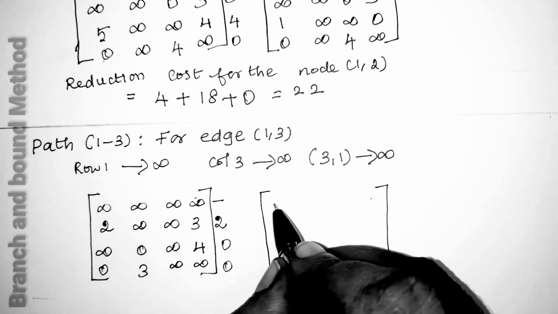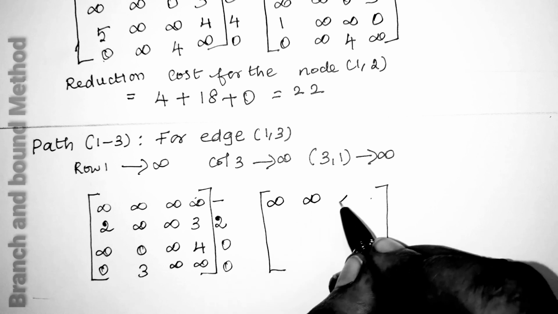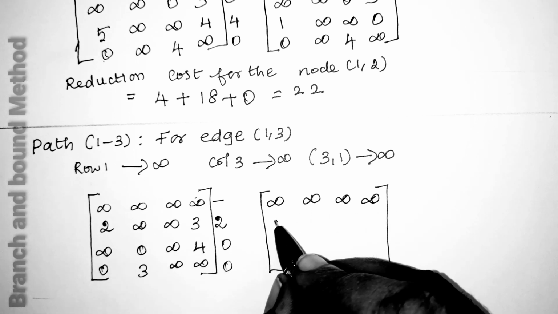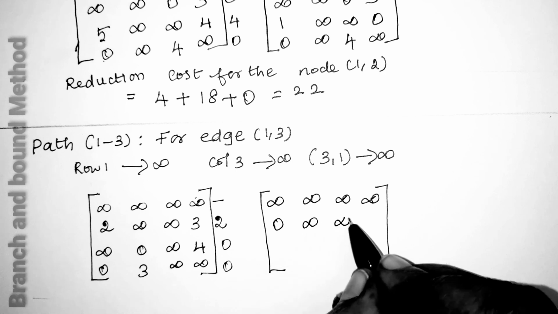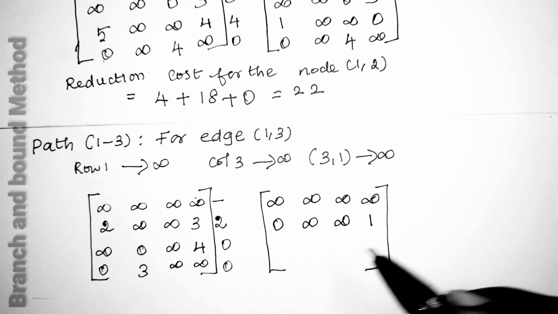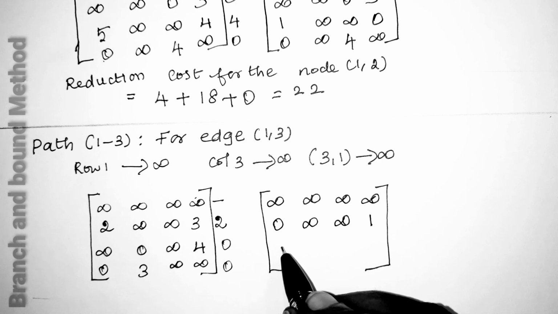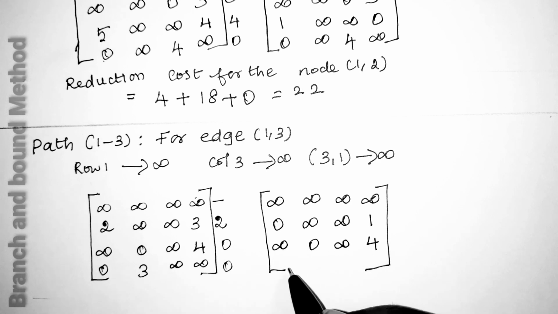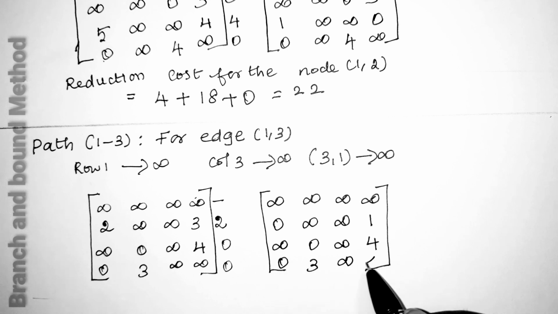So the matrix is infinity, infinity, infinity, infinity. Second row: 2 minus 2 is 0, infinity, infinity, 3 minus 2 is 1. Third row, 0 is the least number, so you write it as it is. Fourth row, 0 is the least number, so you write it as it is: 0, 3, infinity, infinity.